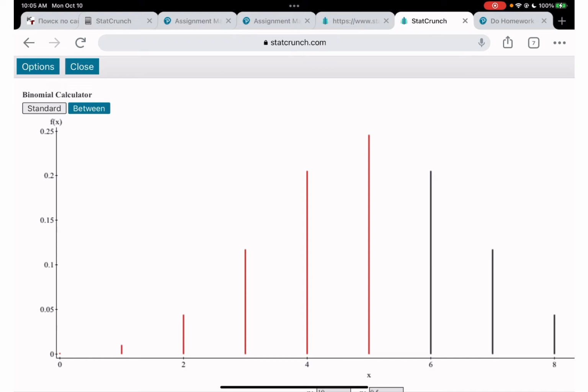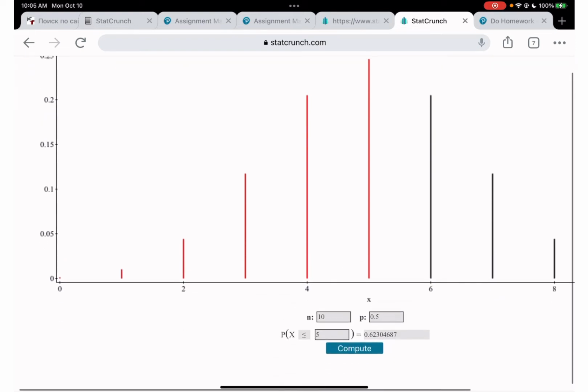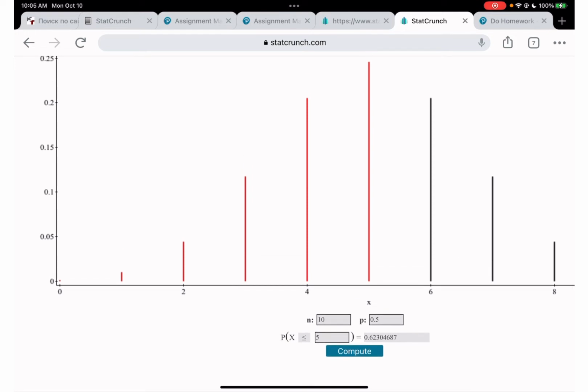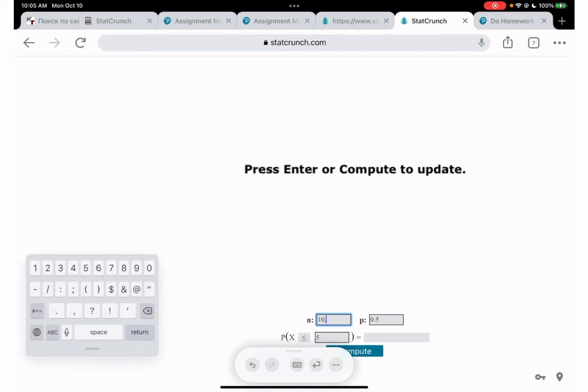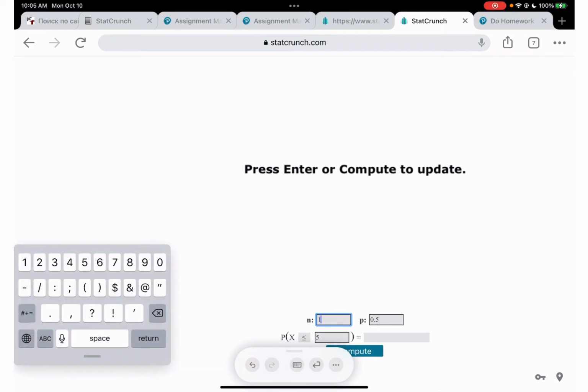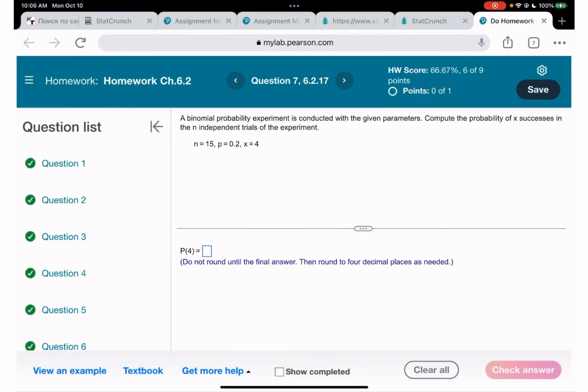Here we have n is 15, so let me put 15. The probability of success is 0.2, and our x is 4.